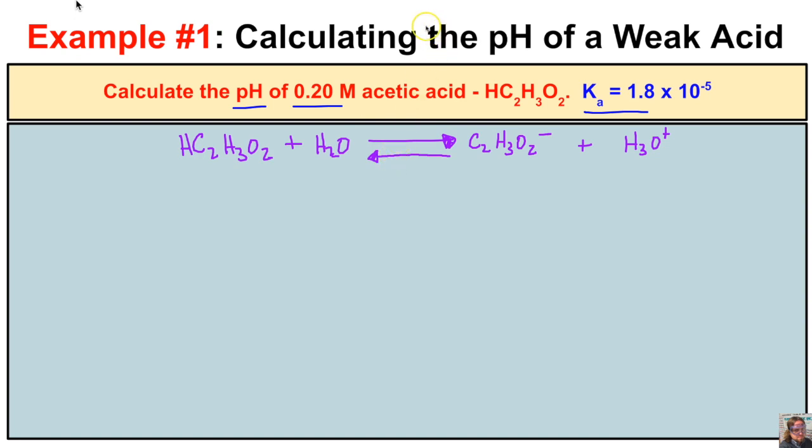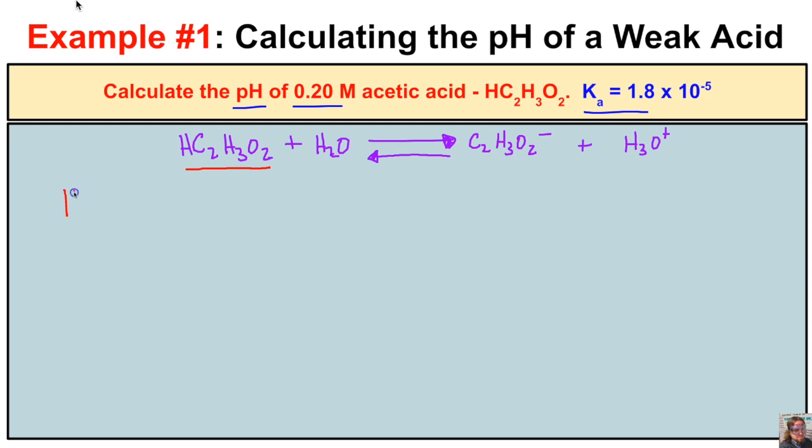What we now need to do is figure out the pH of this weak acid, 0.20 molar acetic acid. In order to do this, let's figure out what our equilibrium expression is going to be.